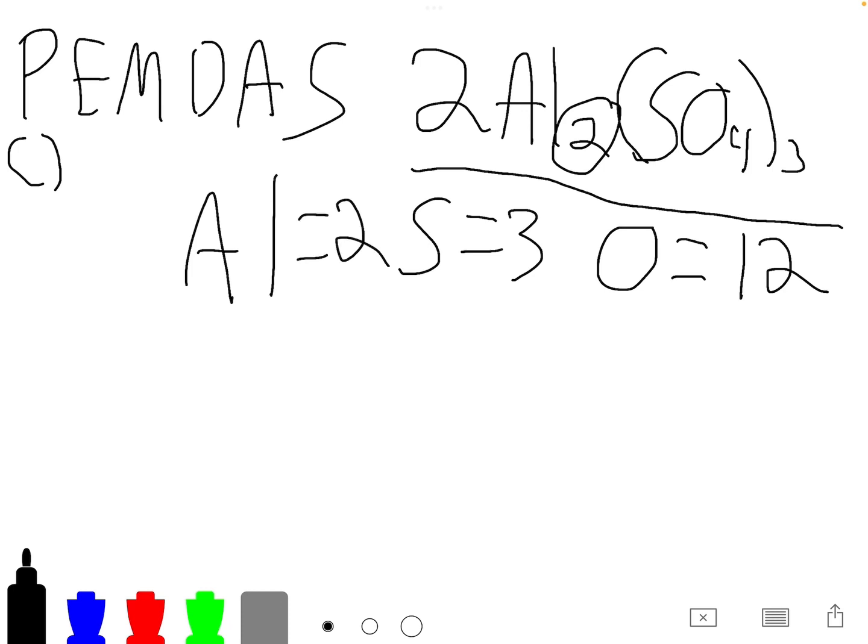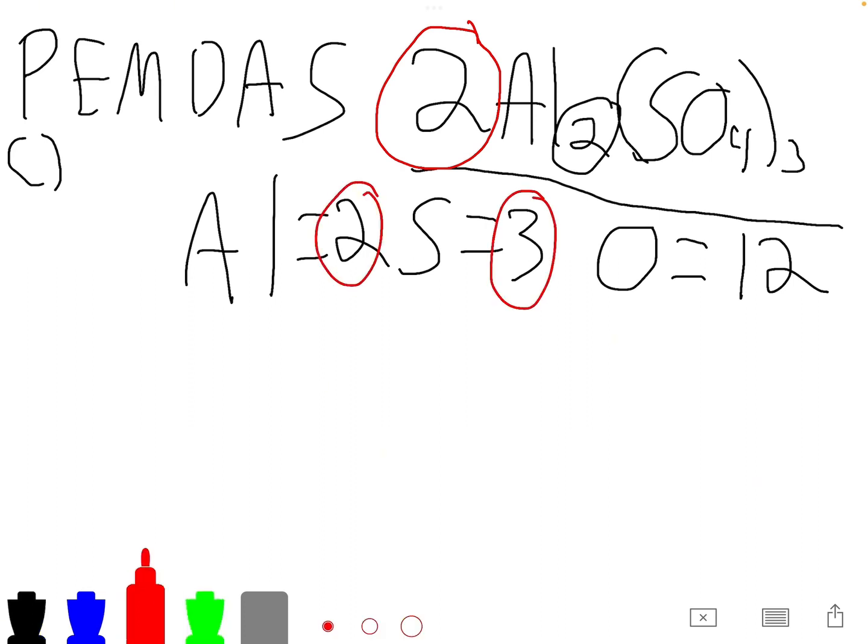Okay, now we take this number right here. This is the coefficient, and all we do is we multiply it by these numbers. Because you have 2 of all of the atoms, 2 times all of the elements.